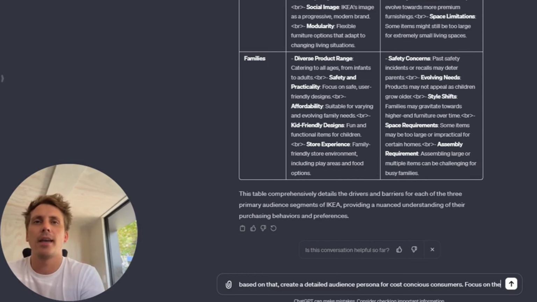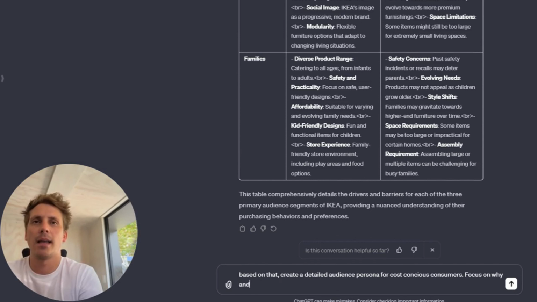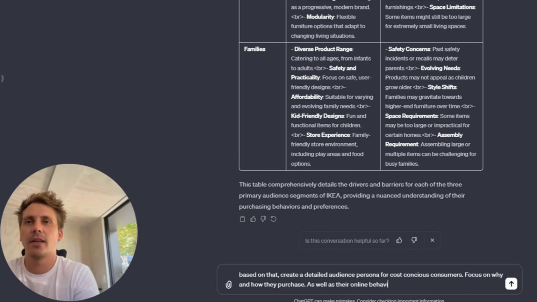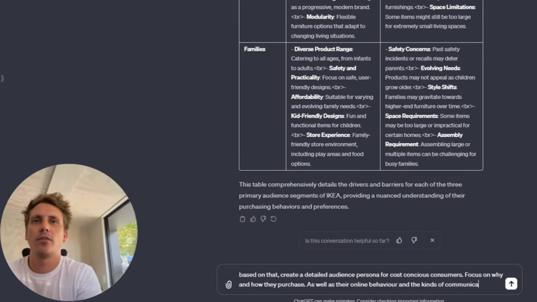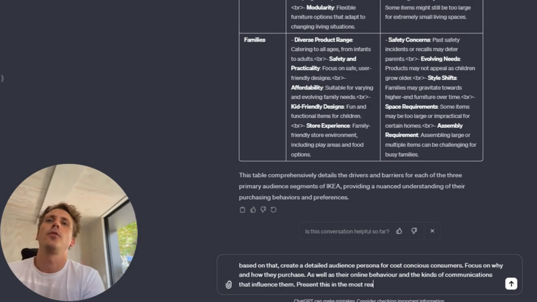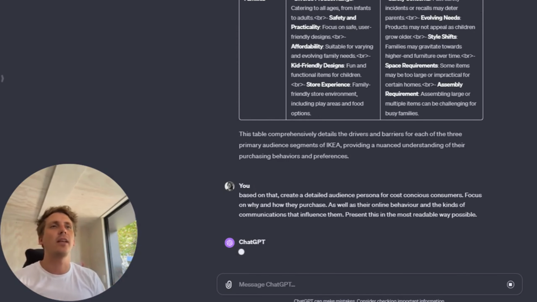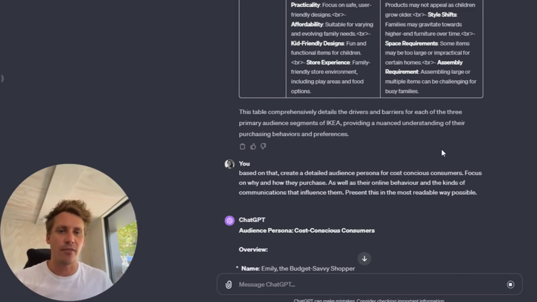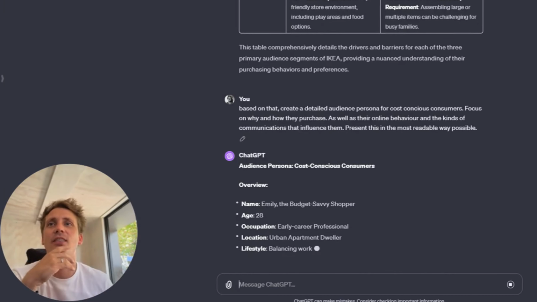Focus on why and how they purchase, as well as their online behavior, and present this in the most readable way possible. So again, telling GPT the formats you want things in is super important. Well, it's important at least if you want your content to be easy to understand.